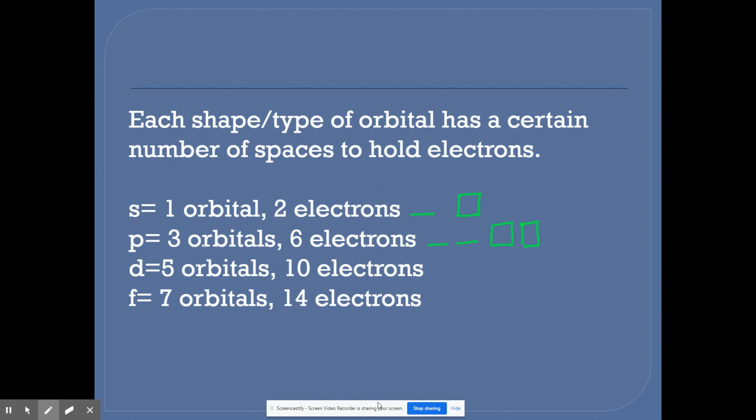P has 3 orbitals, so it has 3 lines or 3 boxes. D has 5 orbitals, so it has 5 lines or 5 boxes. F would have 7 lines or 7 boxes. Okay? Write this also on your sheet of paper.